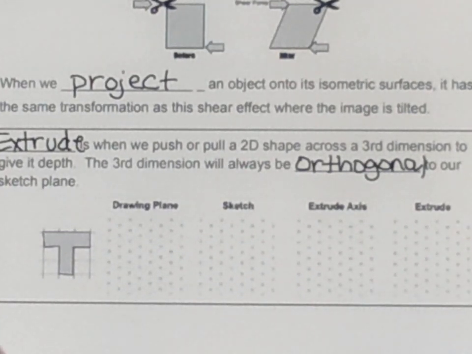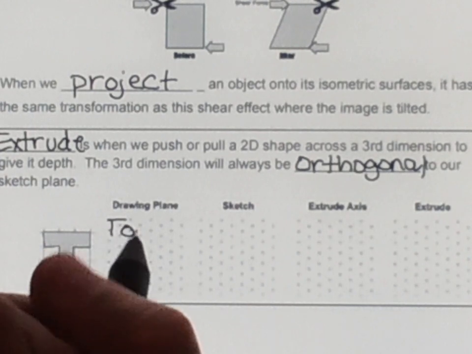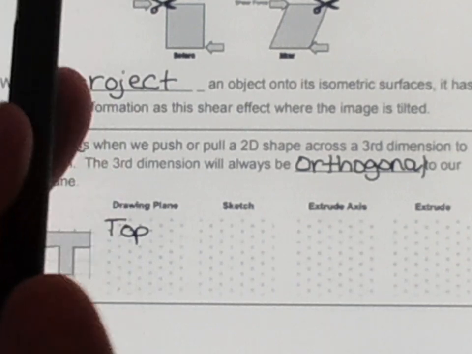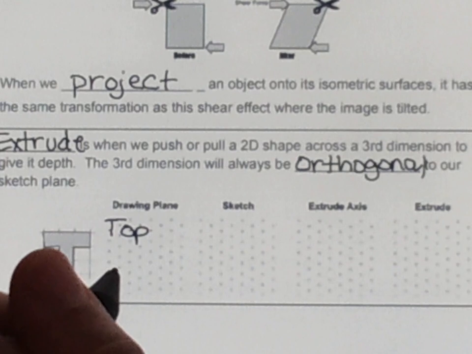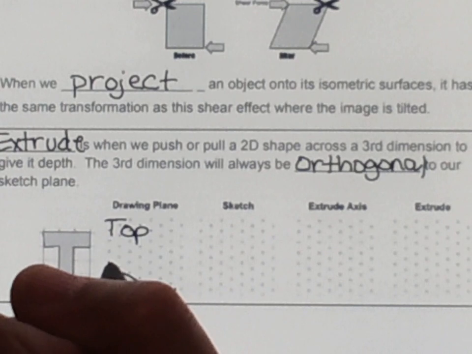I have a T that I'm going to draw, and let's say I want that on the top plane. I look up in my notes and I notice that the top plane is XY, so I'm going to just draw my reference X and Y.